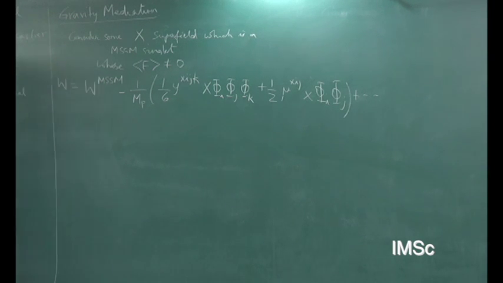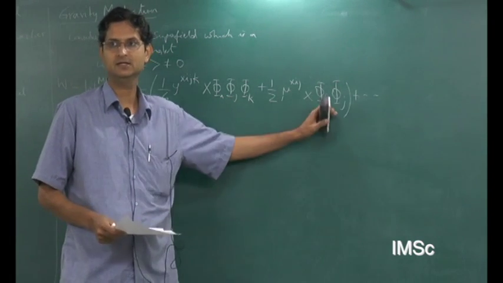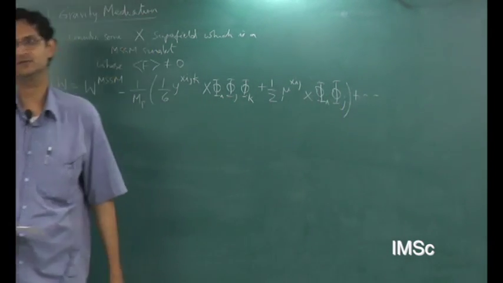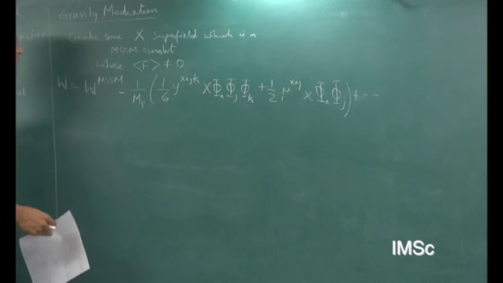Yeah, you can generalize this thing, but this is a canonical construction that people write down. X5 will not come about because it will not be an MSSM singlet. You need at least two fields here in order to make them MSSM singlets, right?